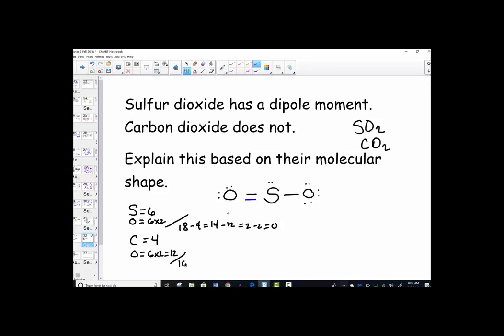And I still notice, based on formal charge, sulfur has 1, 2, 3, 4, 5 assigned electrons. It lives in group 6, so it has a positive 1 formal charge.